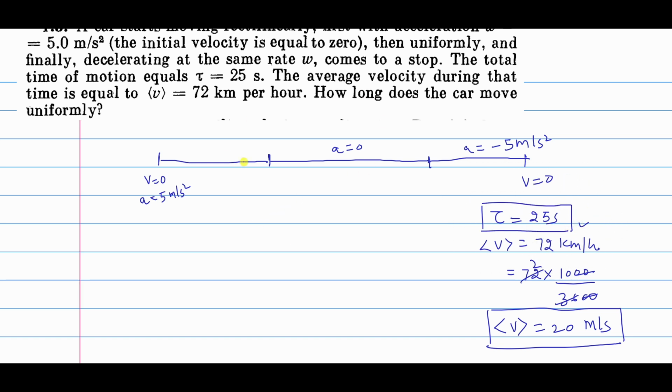Okay, now let's find out. Total time is 25 seconds. Let's take it that it will take time t from this point to this point. As we know, if we start from zero velocity with an acceleration, the time taken is the same as if we start with some velocity and the same deceleration, eventually reaching 0, so it will also be time t.